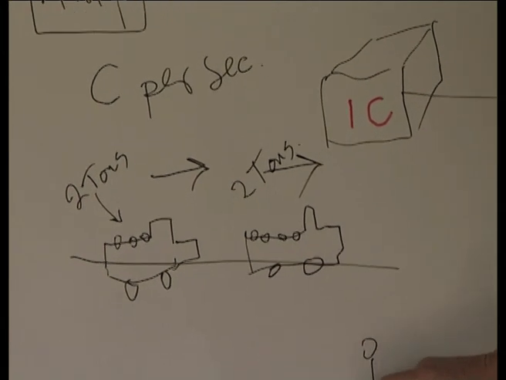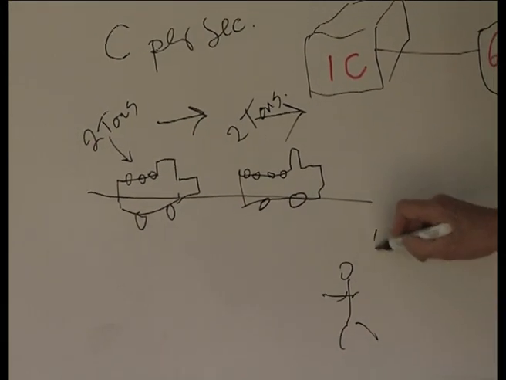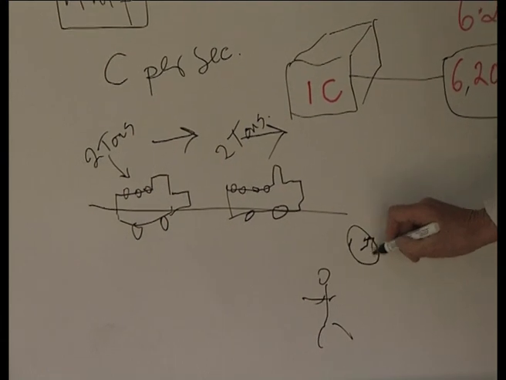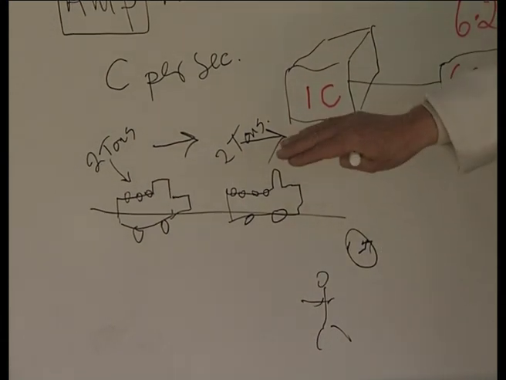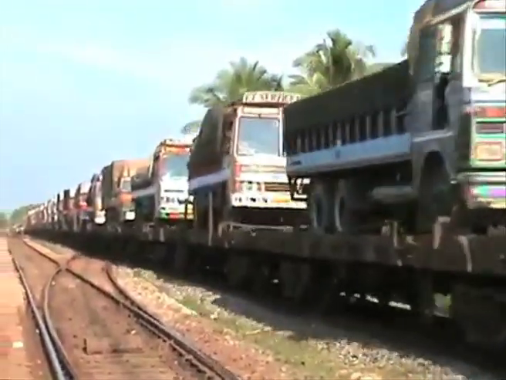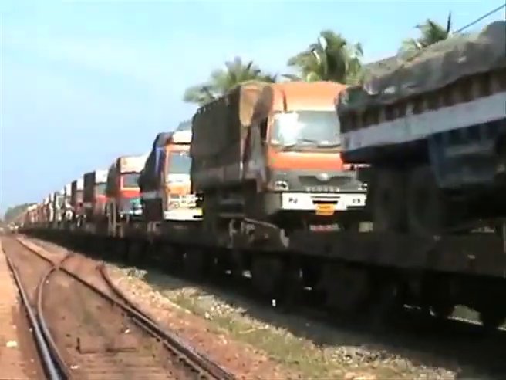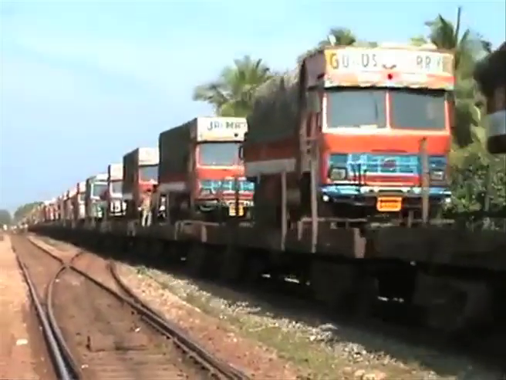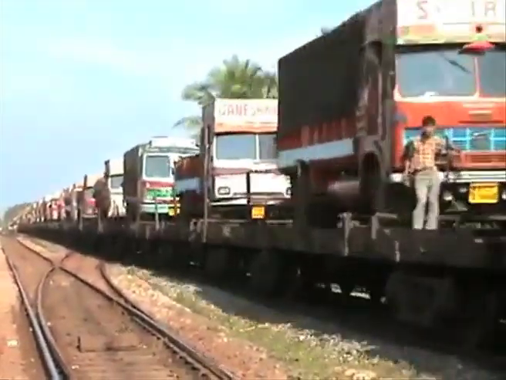Here's my little man here with the stopwatch, and he's counting the trucks as they go down the road. When 1 truck goes by, that's 2 tons of stones gone.